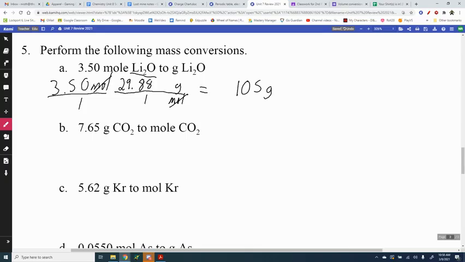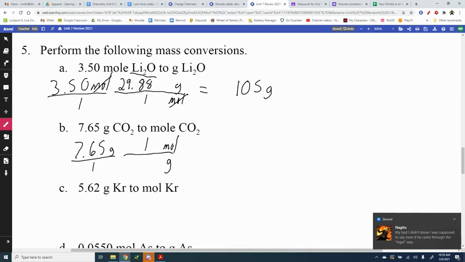Okay. Next, we start with 7.65 grams over 1. Our first conversion factor is always to moles. So grams on bottom, moles on top, 1 next to grams. And then the molar mass of CO2 next to moles.